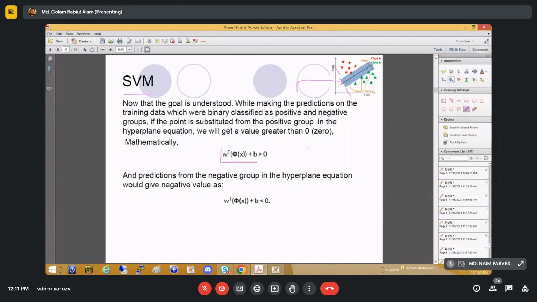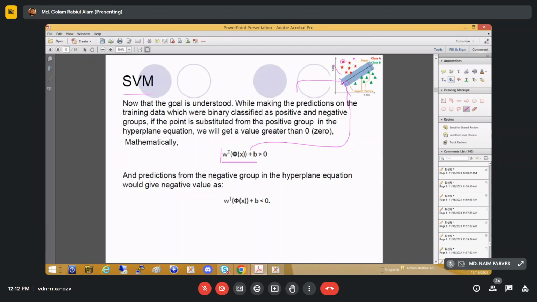This is our line equation, or you can say our hyperplane equation. If we consider that above the line is the positive, then all the data points above it will be positive.